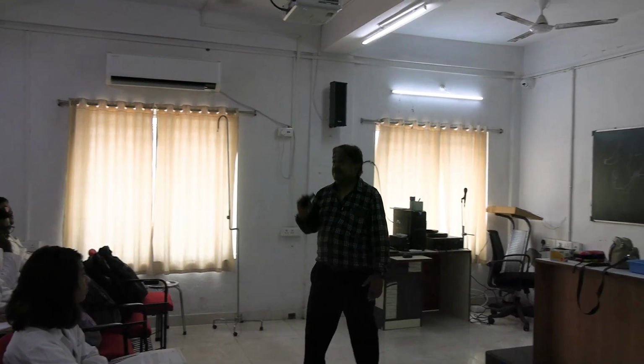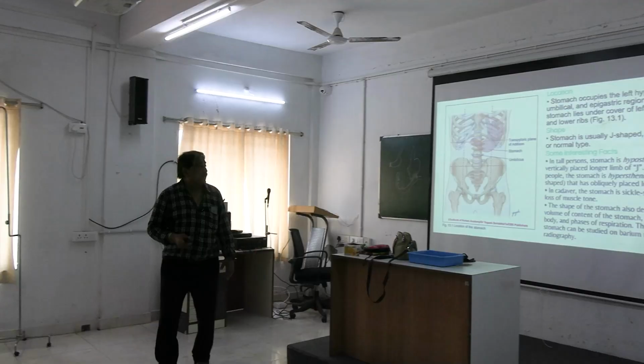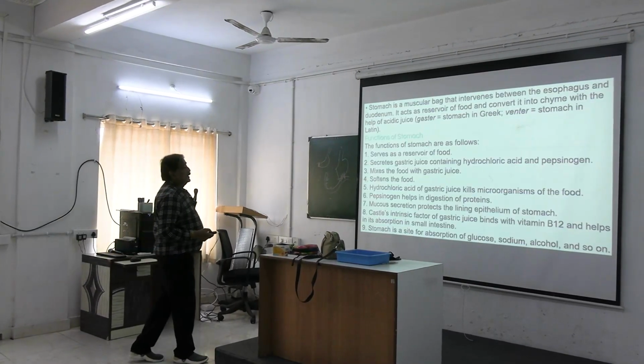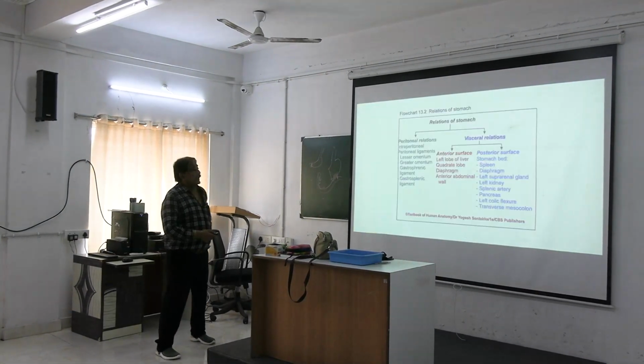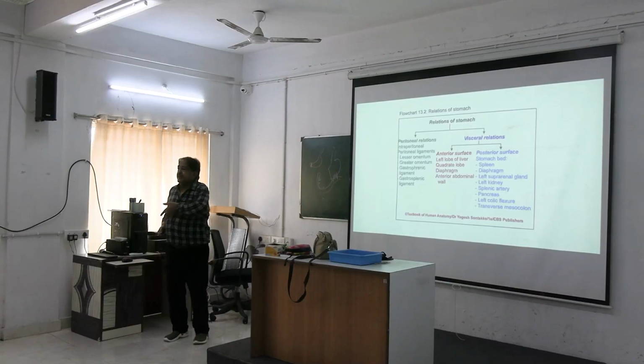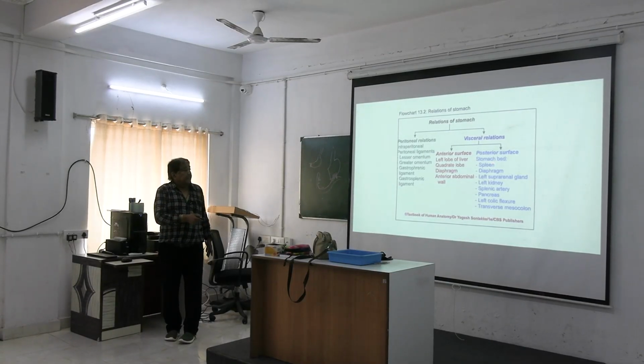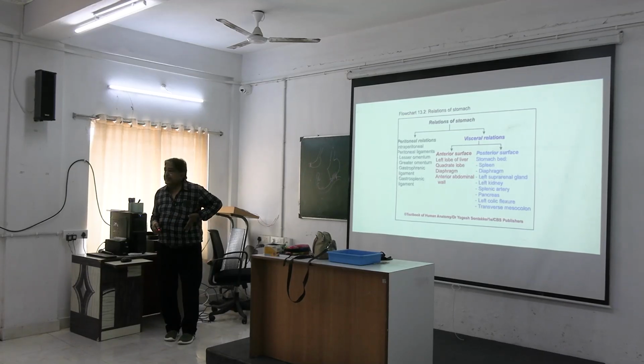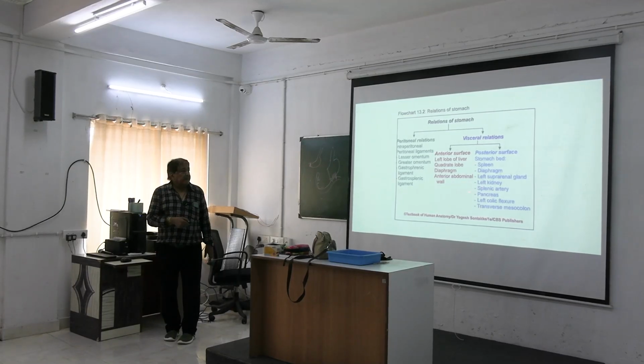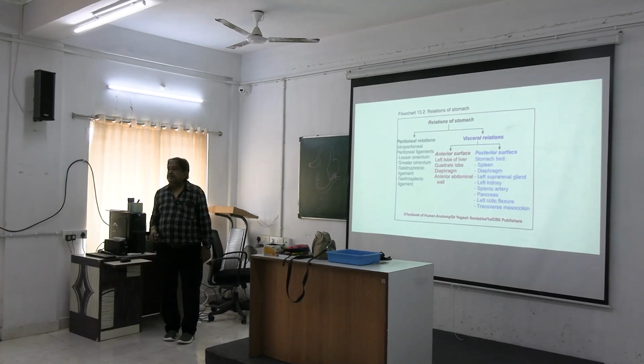Now what are the beds? This tissue comprises, again I'm telling you, the structures on the left side of the median. You just see your spleen, the diaphragm, the left suprarenal gland, the left kidney, splenic artery, pancreas, left colic flexure, transverse mesocolon.